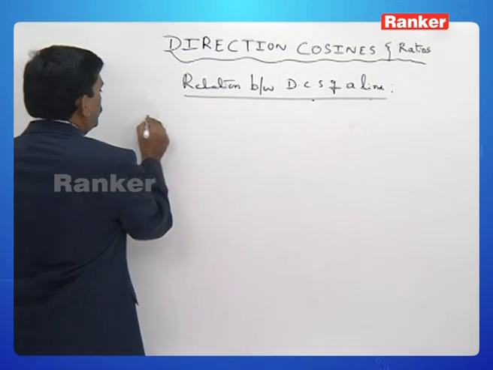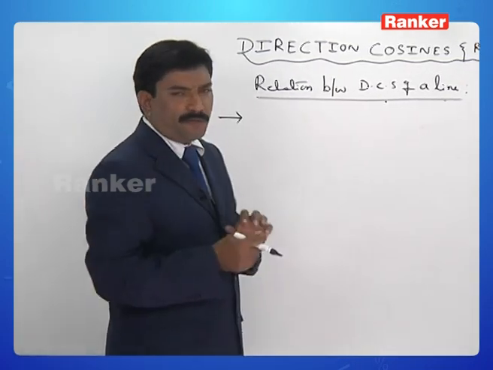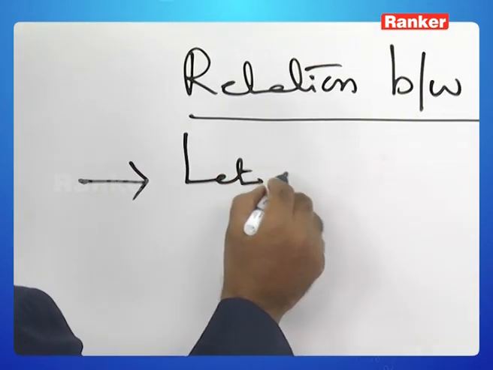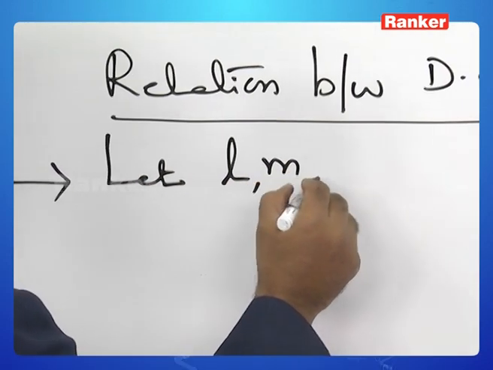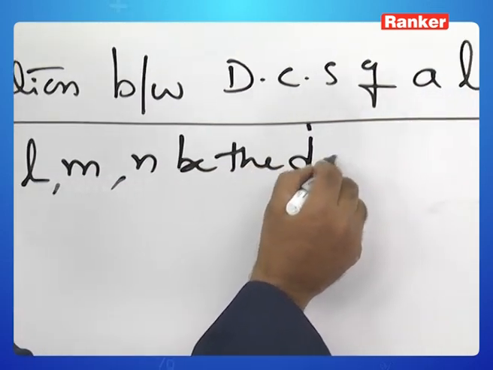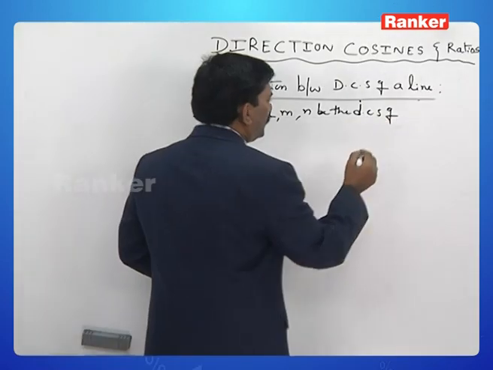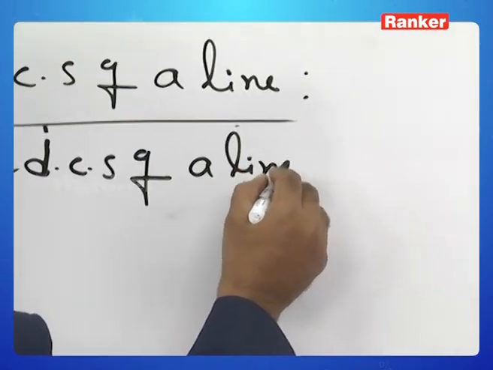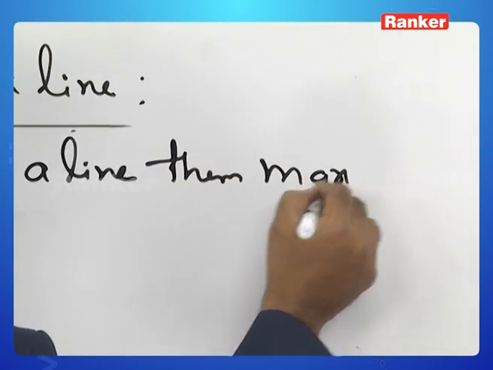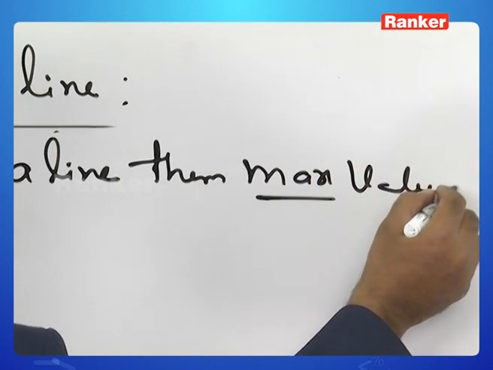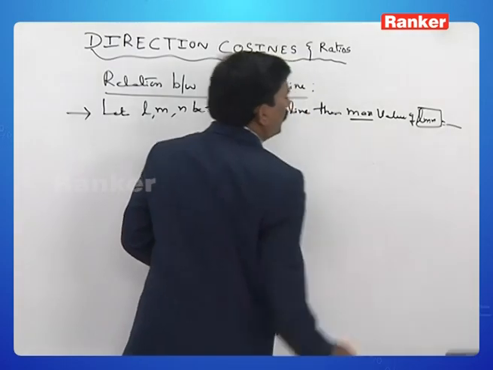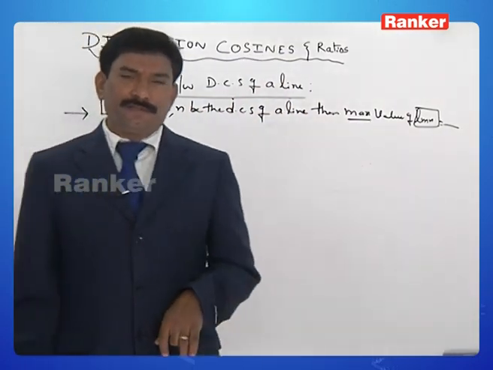Followed. The next result is on the relation between the direction cosines of a line. Let l, m, n be the DCs of a line, then the maximum value of the element is dash.